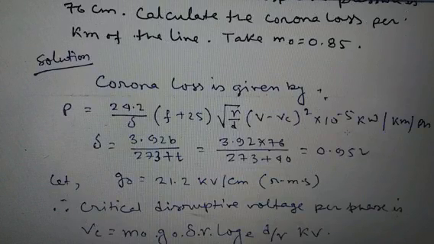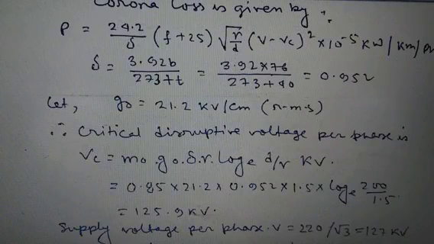Here delta equals 3.92 b divided by 273 plus t, that is equals 3.92 into 76 divided by 273 plus 40, and that equals 0.952. So that is the value of delta. Let g0 equals 21.2 kV per centimeter RMS.